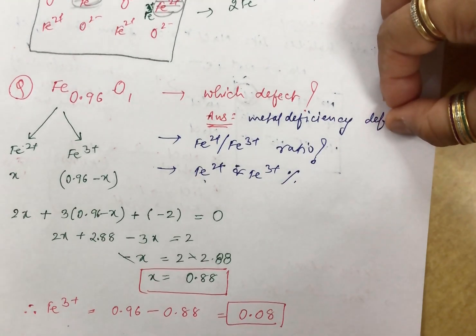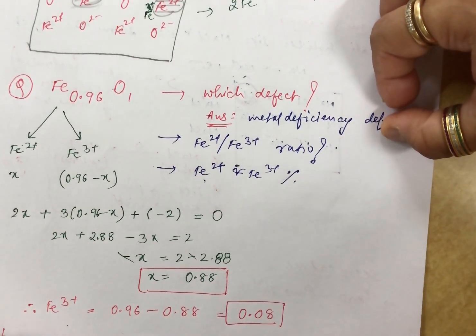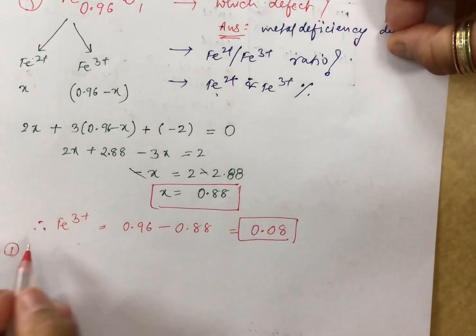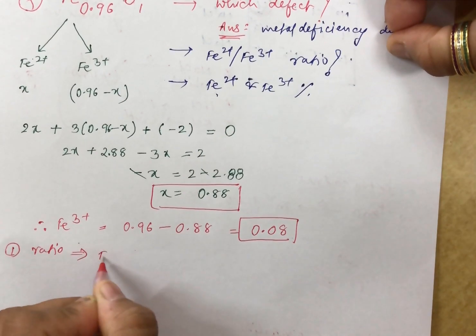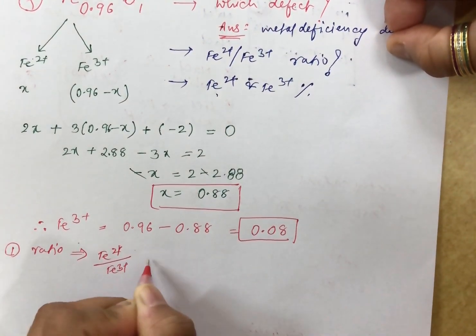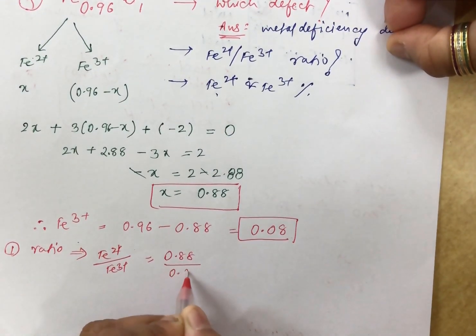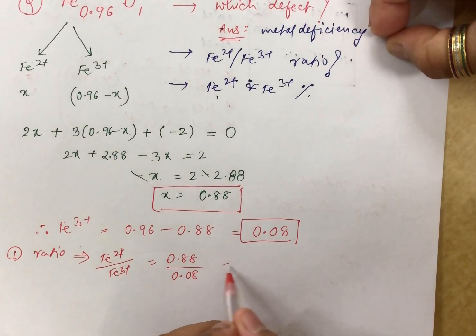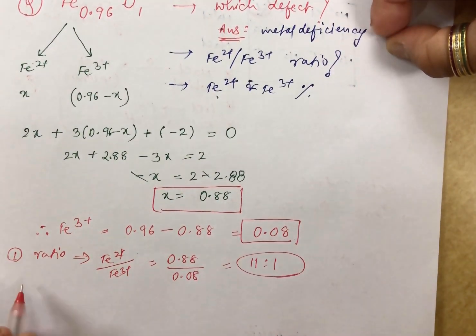This is the amount of it. Now they asked the first question as the ratio, so let us first find the ratio. It is simple. The ratio of Fe2+ to Fe3+: 2+ you found as 0.88 and 3+ as 0.08. So you can see it comes out as an 11 to 1 ratio.